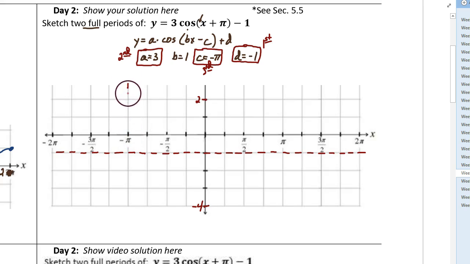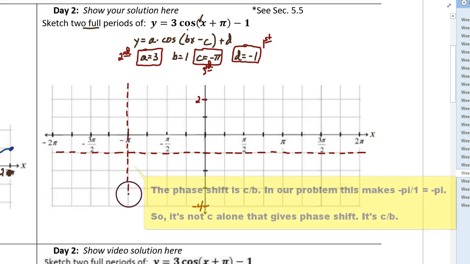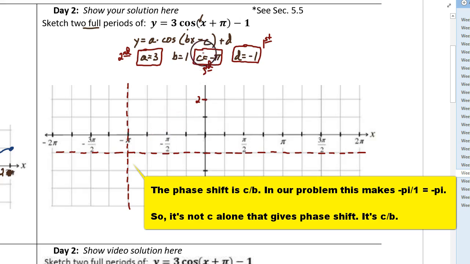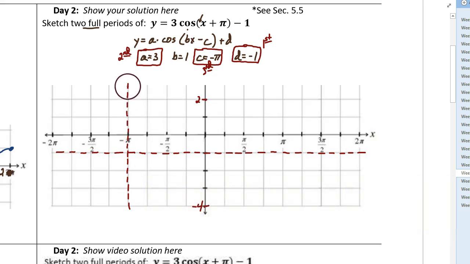I'm going to draw a dashed line representing our new starting axis. For cosine functions that don't have any value of c, we would find a dot on the y-axis, and then we would find other dots going to the right to get a period. We're going to do the same thing, but we have first shifted left pi units to locate a new axis, and we're going to start from there when we find the dots.